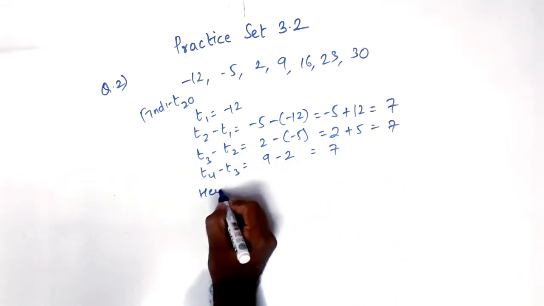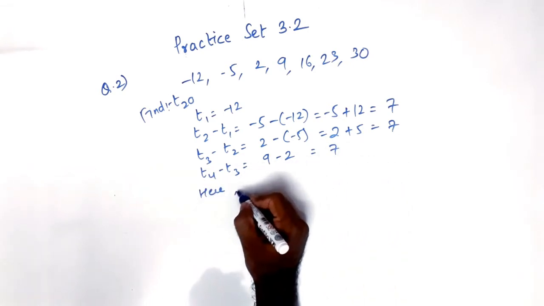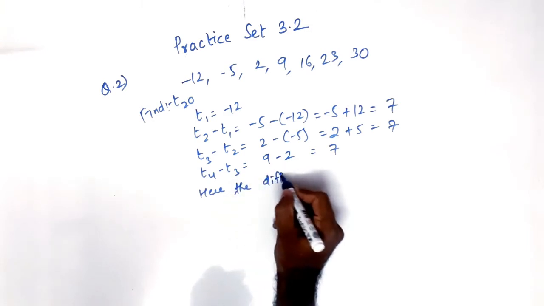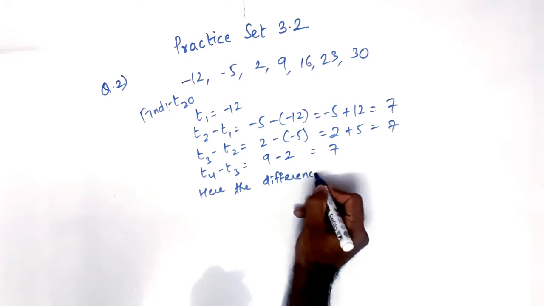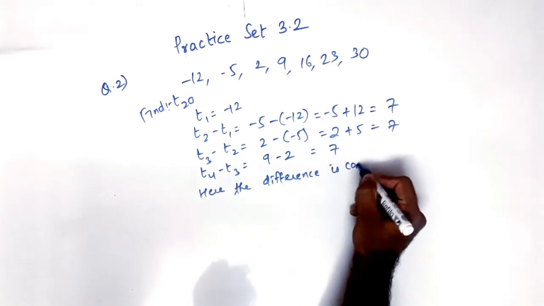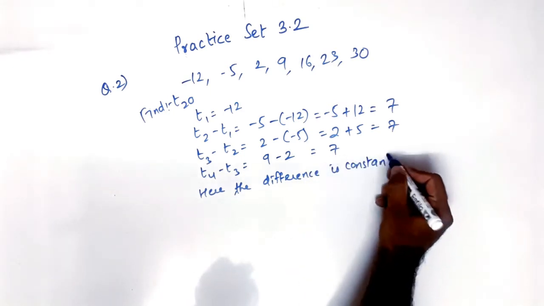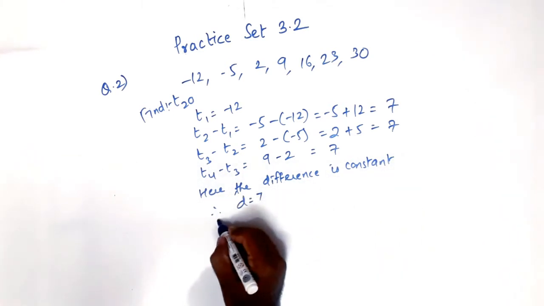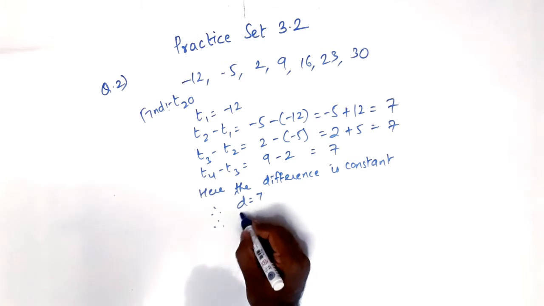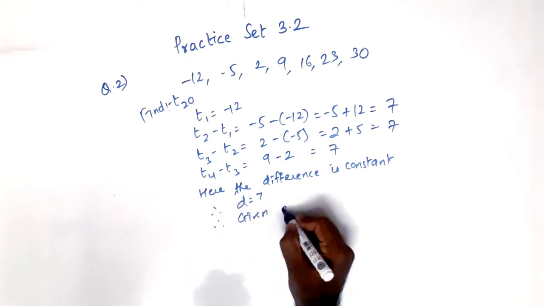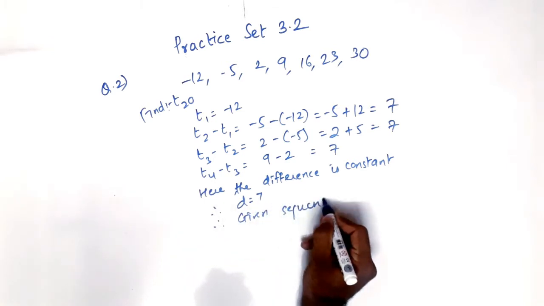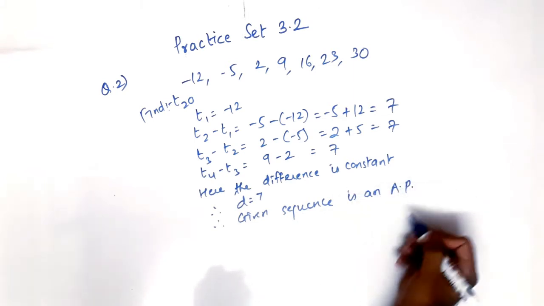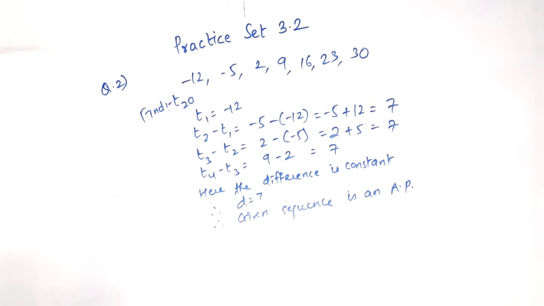So here we can see the difference is constant. Therefore D is equal to 7. Therefore the given sequence is an AP, arithmetic progression.